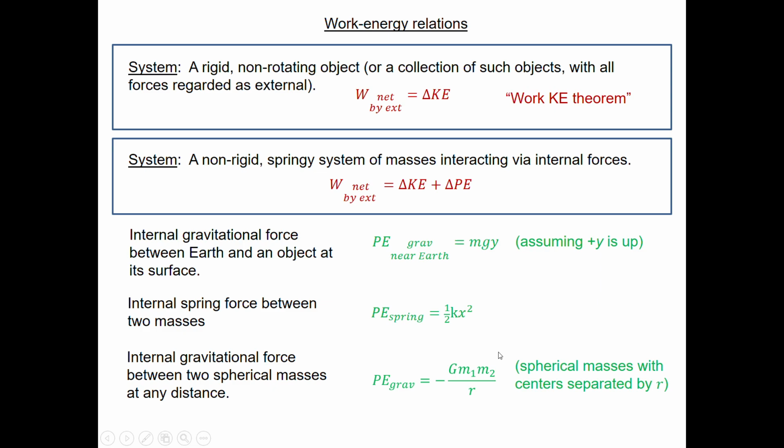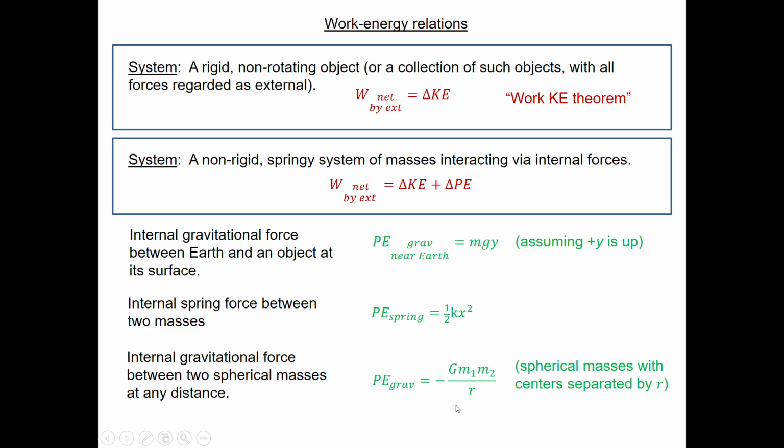And so here the associated potential energy is sort of peculiar. It's related to that Gm1m2 over r squared. But notice in this potential energy formula, the r is not squared in the denominator, and it's got this additional minus sign out in front. And you might think, well, that's kind of strange. How do I think about the minus sign?